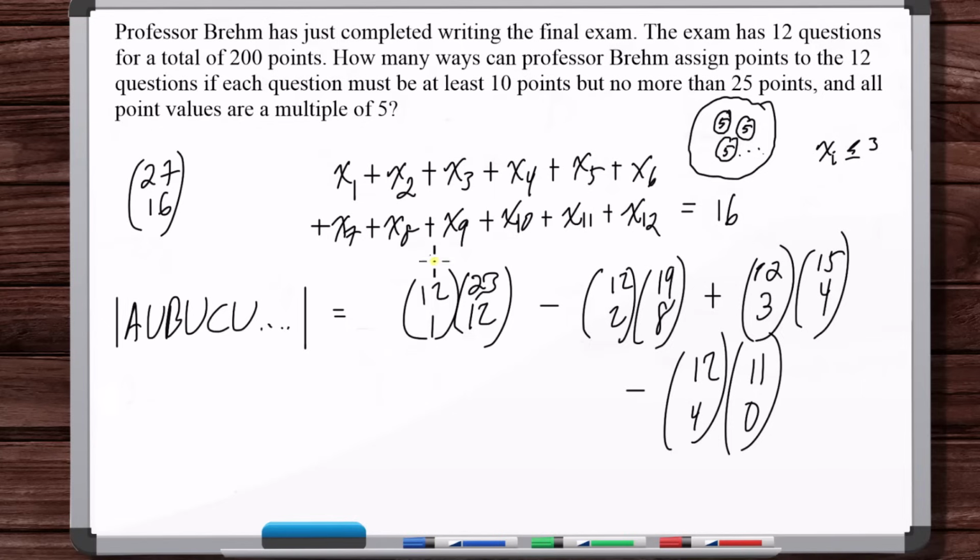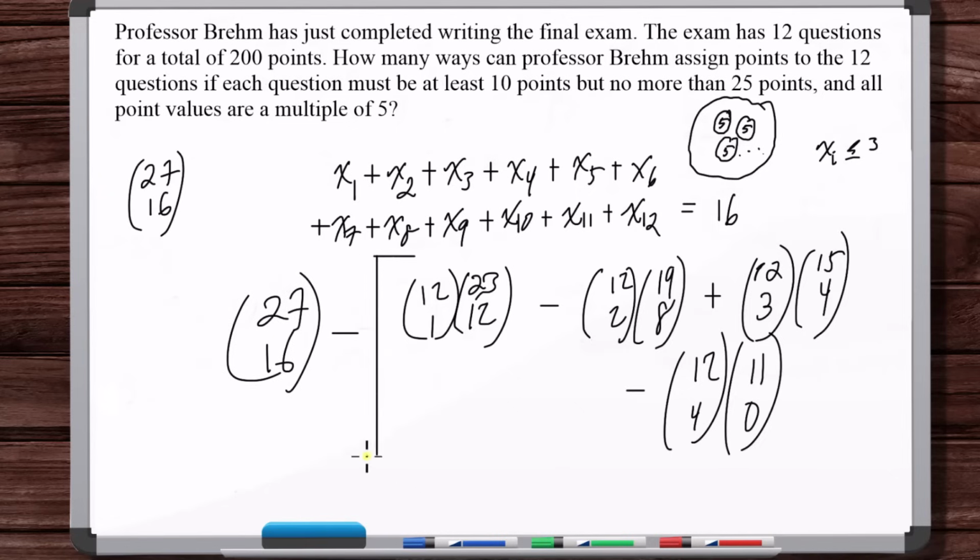That's the total count. That's the total number of outcomes from 27 choose 16 where at least one of these bins contains 4 or more tokens. And so all we need to do is subtract this from 27 choose 16.